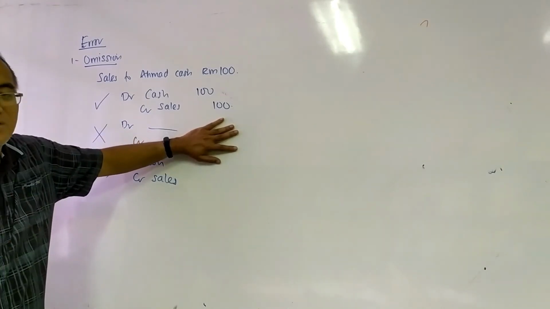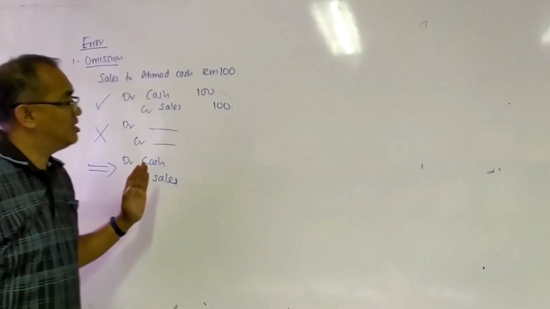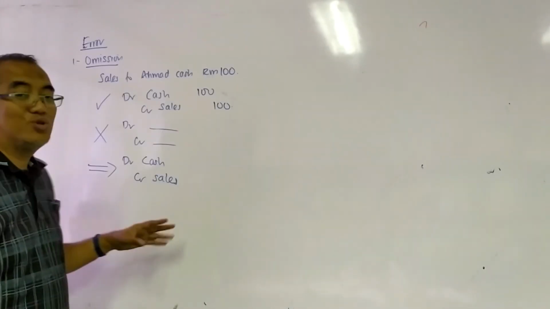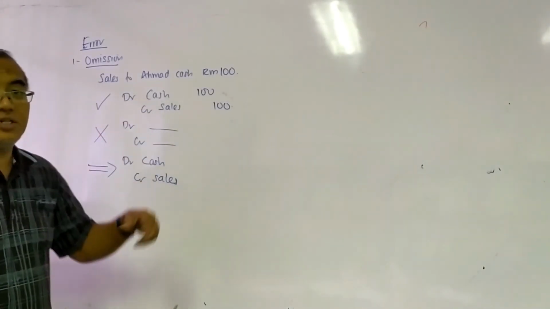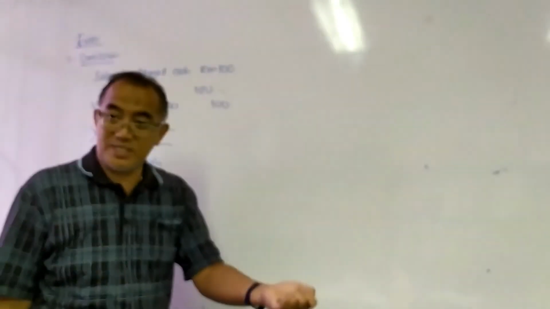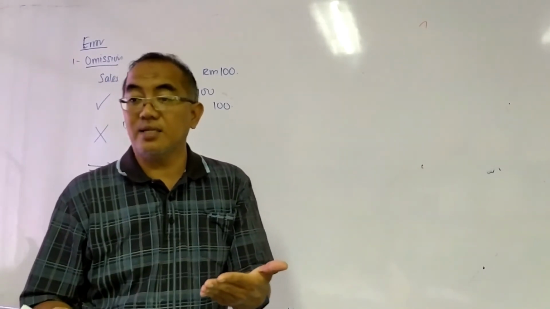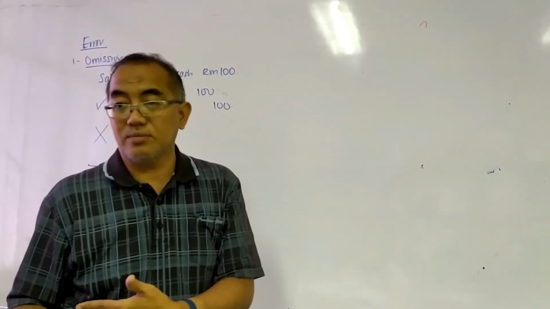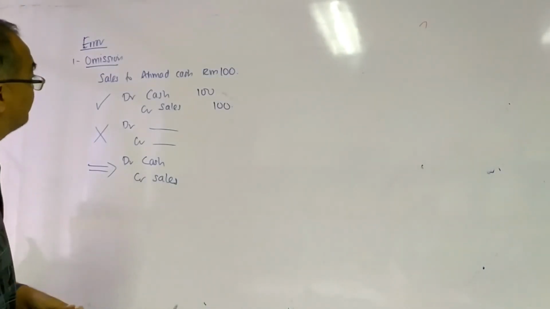So your trial balance balances. This one is dangerous, because you don't know what happened. Unless you check back your cash, and I have already given you a receipt, but when you look at the receipt, it does not tally with your cash account. So that's why you need to write it back.